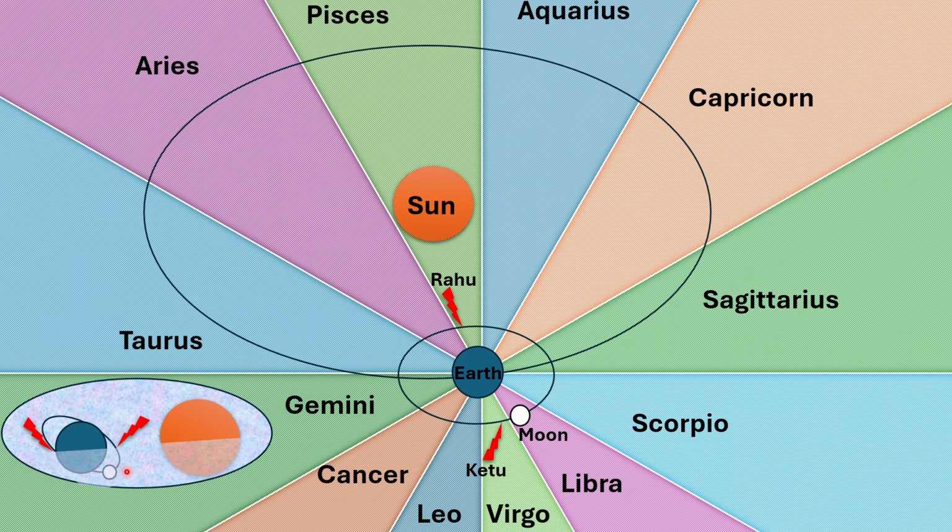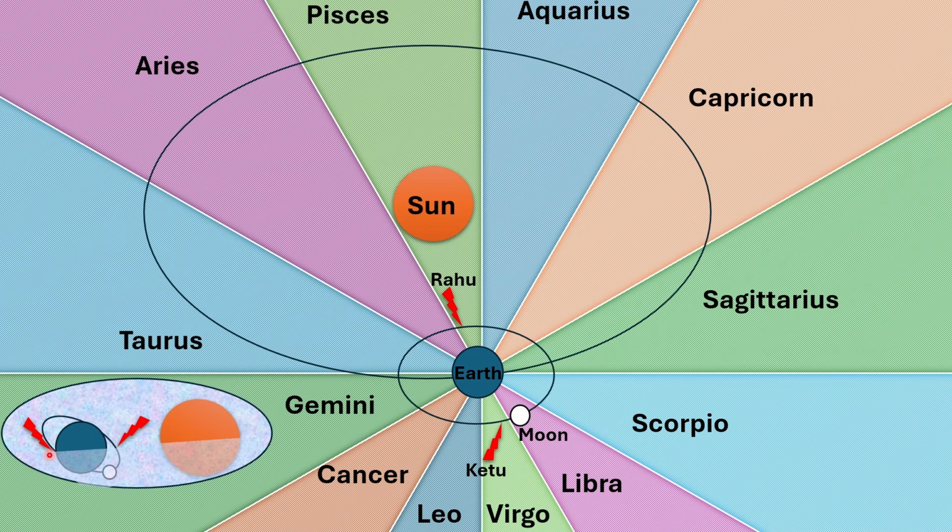Because the Moon's orbit is also slanted with respect to this ecliptic plane, some of the orbit is above the plane and some of the orbit is below the plane. And Rahu and Ketu are these two intersection points where Moon's orbit and the ecliptic plane intersect. The one that is on the ascending side of the plane is called the Rahu, and the other one is called Ketu.